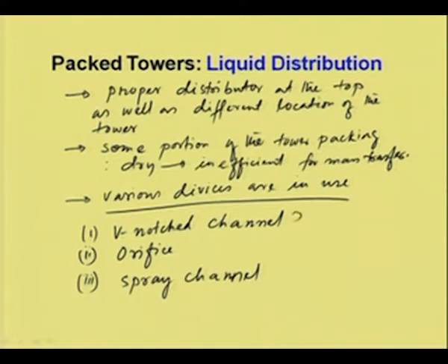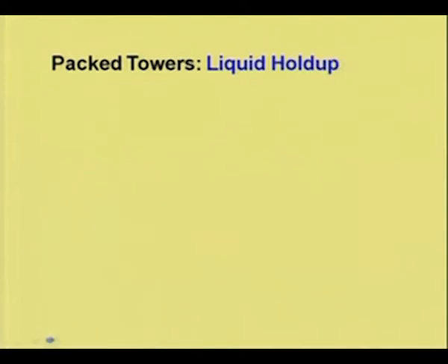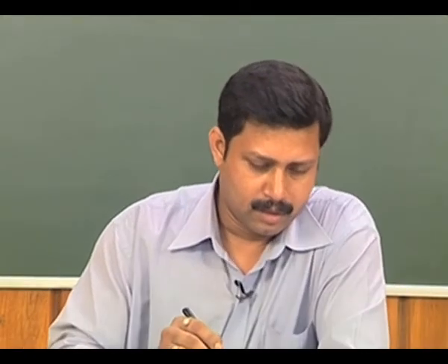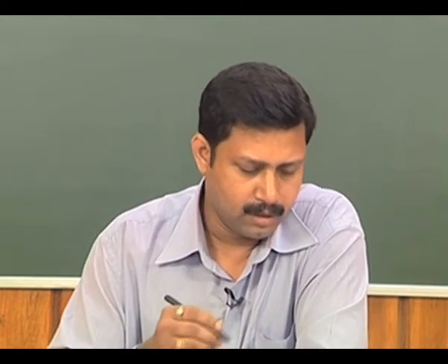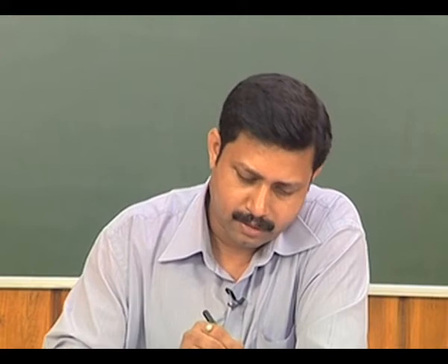So, these are used at different locations for distribution and redistribution of the liquid in the packed towers. Another important thing is the liquid hold up. There must be some reasonable liquid hold up in the bed which will facilitate the mass transfer.